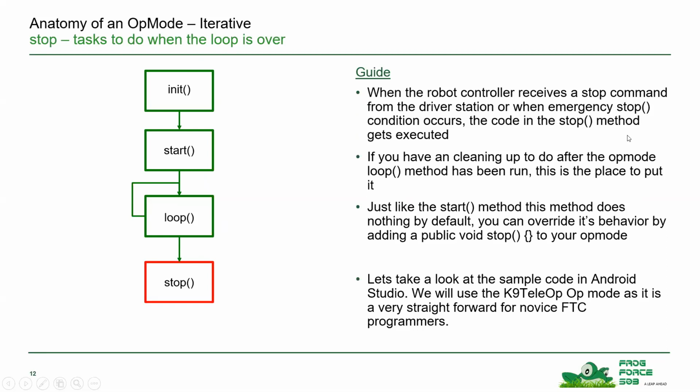Autonomous is where the robot drives by itself, and teleop is where the driver drives the robot. Okay, so everyone knows that, right? Yes. Okay, good. All right, go ahead, Sanjay.